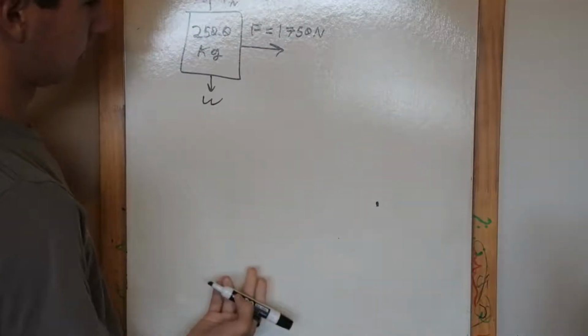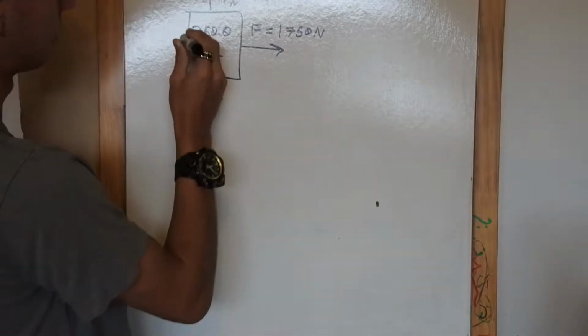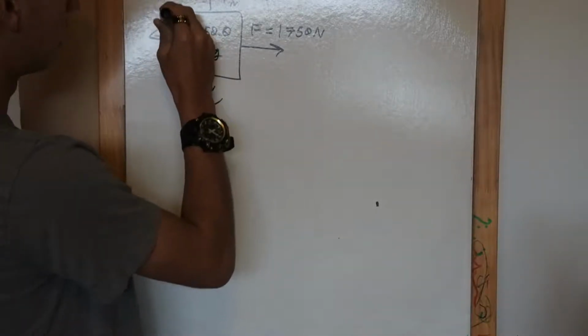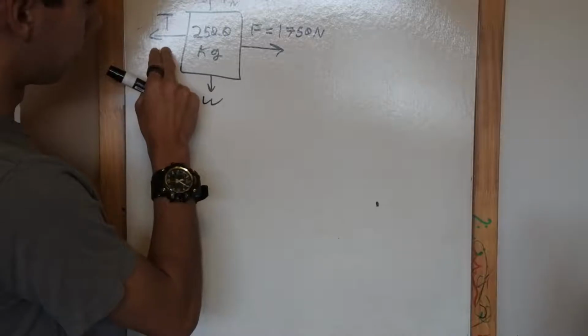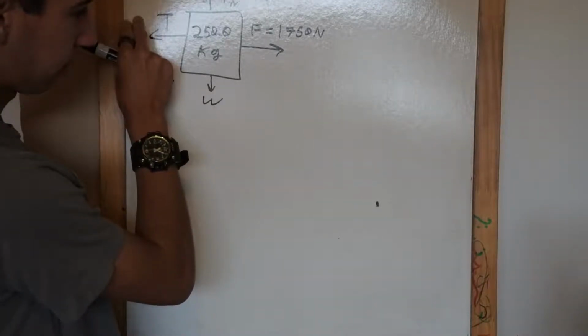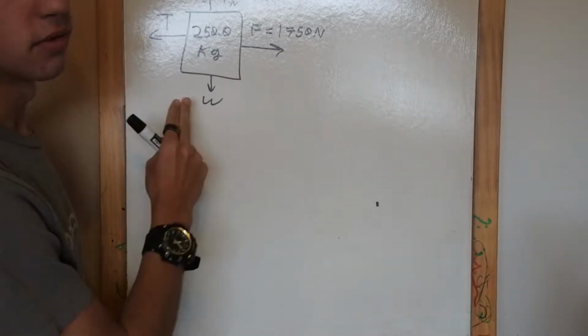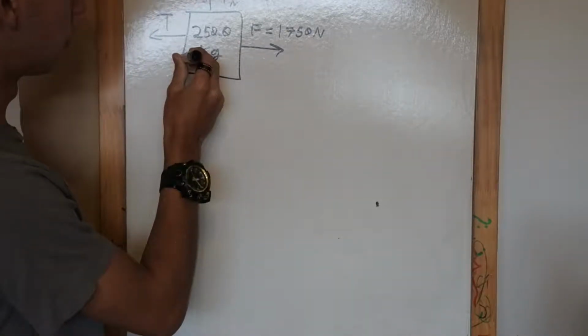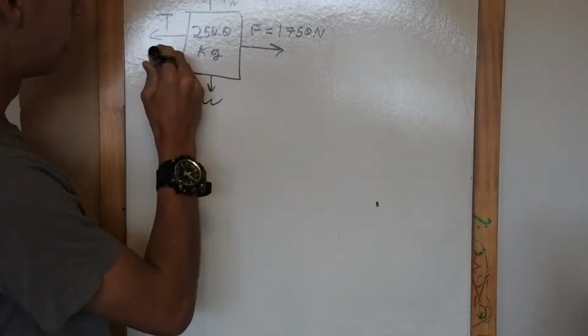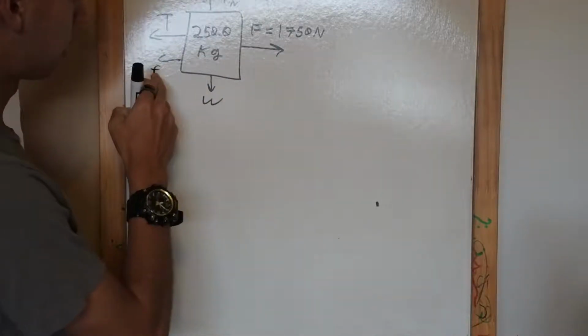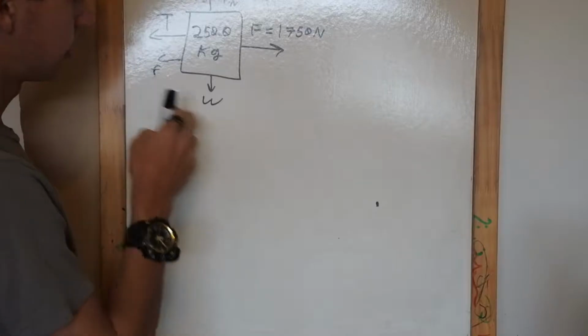The normal force of the earth, or the ground, pushing back. And then we have the tension from the string attached to the other box. But we also have to take into account friction for this box, which is going to be resisting the movement of the guy pulling. So we have a total of 5 forces here.